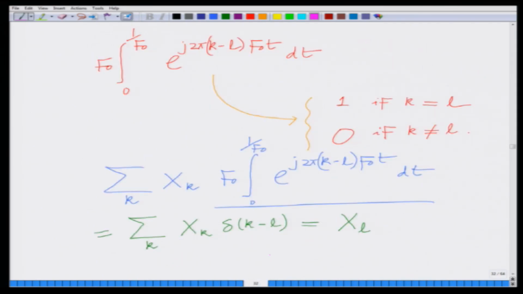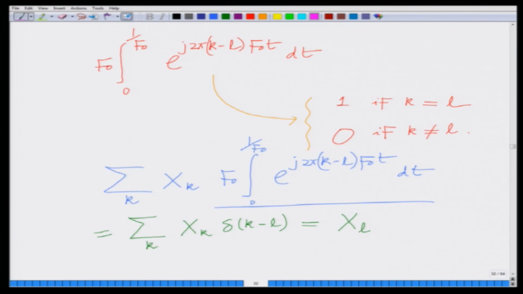We said if you look at these two subcarriers k and l, the integral from 0 to 1 over f naught of e raised to j 2 pi (k minus l) f naught t dt is equal to 1 if k is equal to l, and equal to 0 if k is not equal to l, which means any two different subcarriers k and l in this system are orthogonal, and this orthogonality between the subcarriers is used to resolve the symbols transmitted on the different subcarriers at the receiver. That is the first aspect.